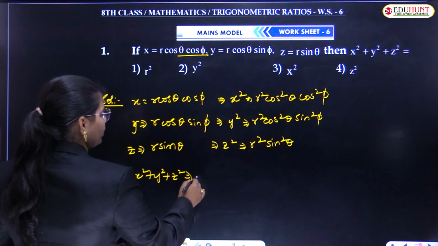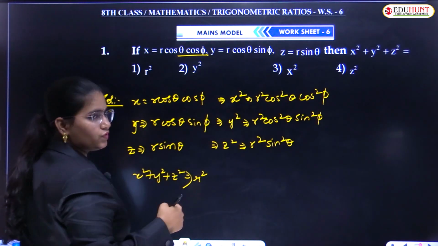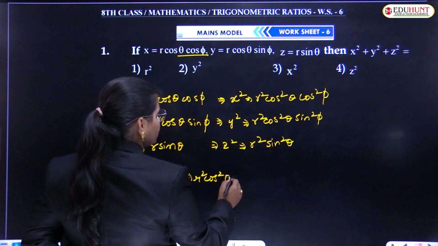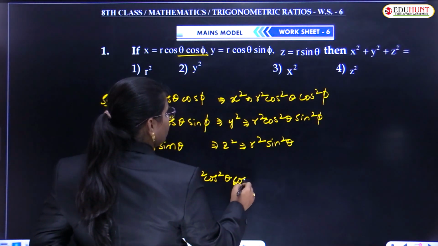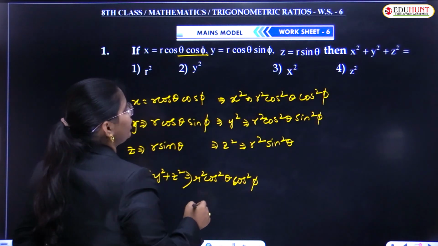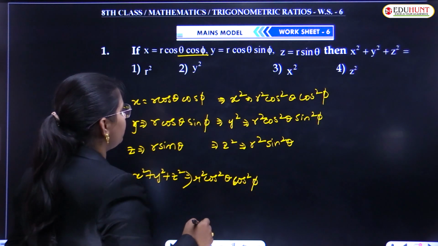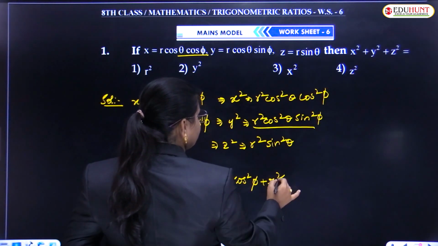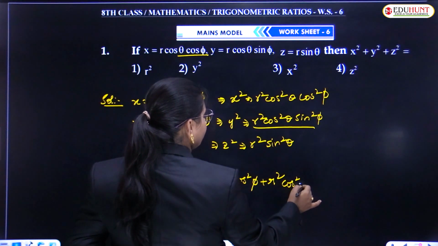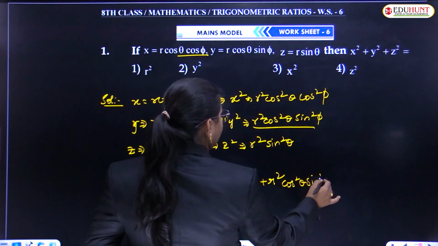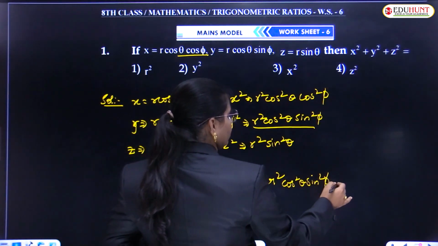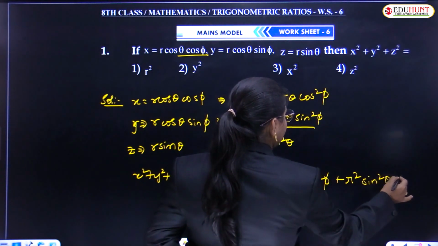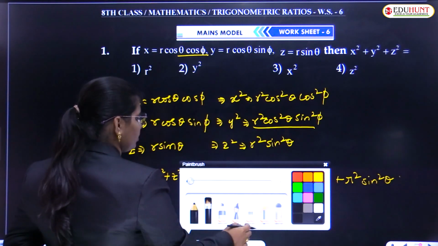They asked us to find x square plus y square plus z square, so I add all these equations on the right side: r square cos square theta cos square phi, plus r square cos square theta sin square phi, plus r square sin square theta. What can you see common?